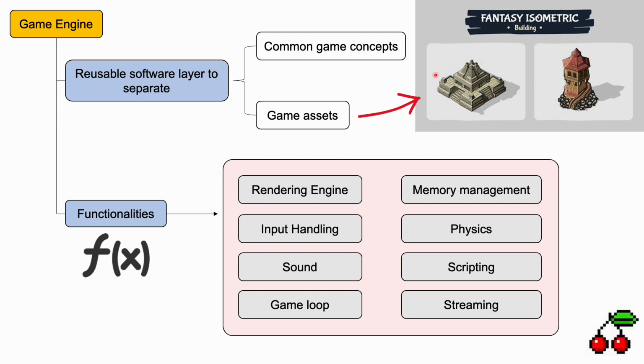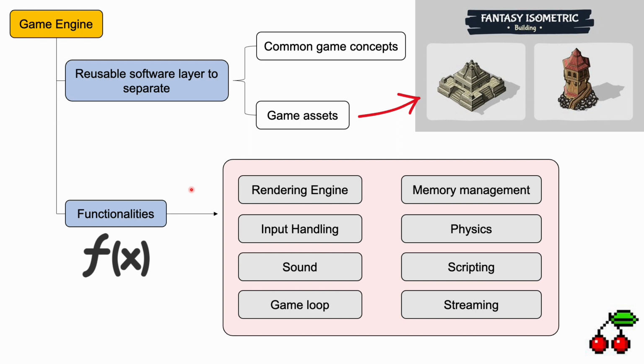When we say assets, we are talking about, for example, some of the physics which are used commonly all along the gameplay. There are also some functionalities we may think about, which are the rendering engine.